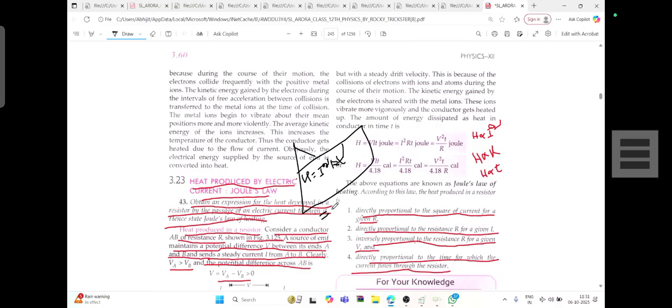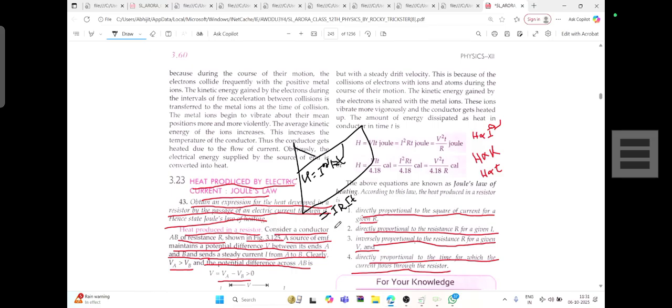You can write it like that: IR into I, t into I t, IR into It.